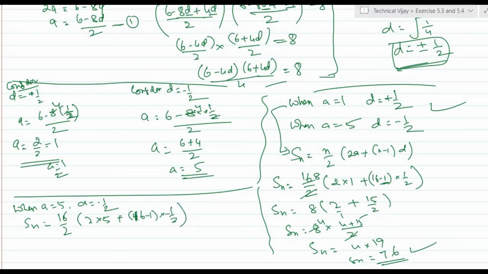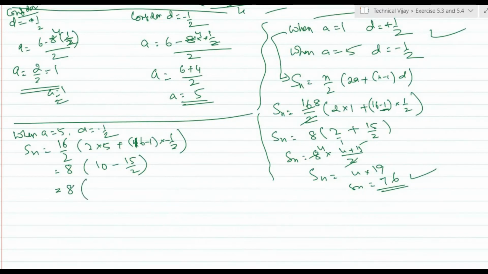So this is 8 into (10 plus 15 into minus 1 by 2, that is minus 15 by 2). So 8 into (20 minus 15) divided by 2, which is 4 into 5, equal to 20. So one sum is equal to 76, the other is 20.